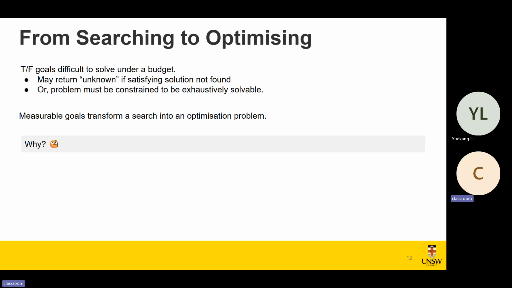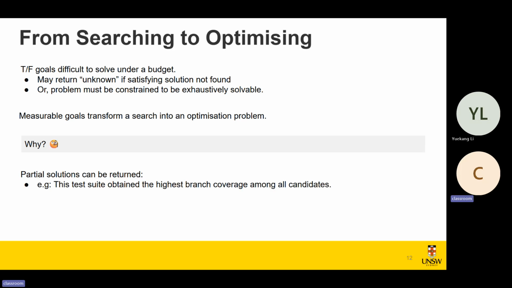We can try to find a satisfying or the best solution within the budget, or among all the candidate solutions we can get within the budget. So this is the idea. So instead of finding the most ideal solution or the final solution, because we now have a budget, right? We can just get a partial solution.